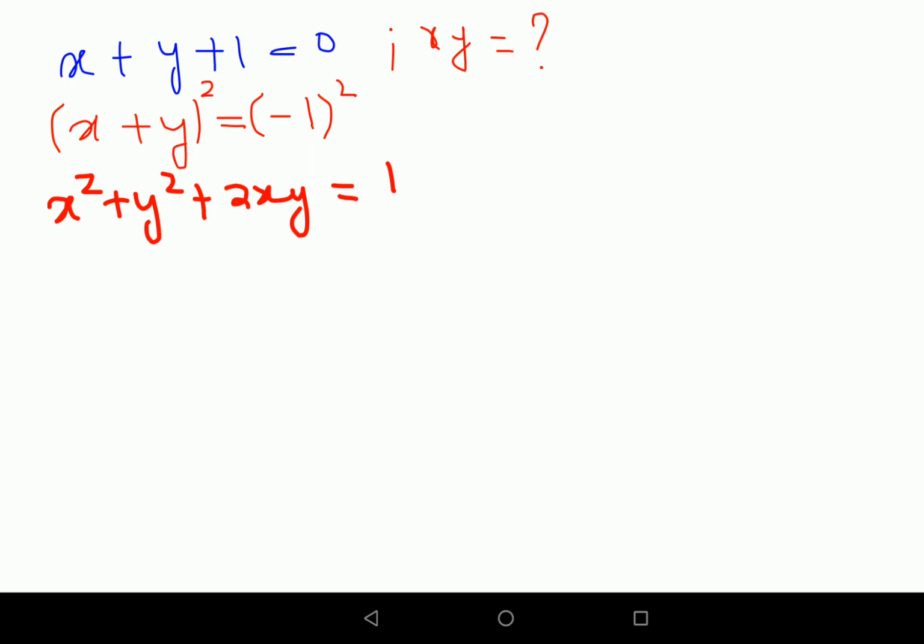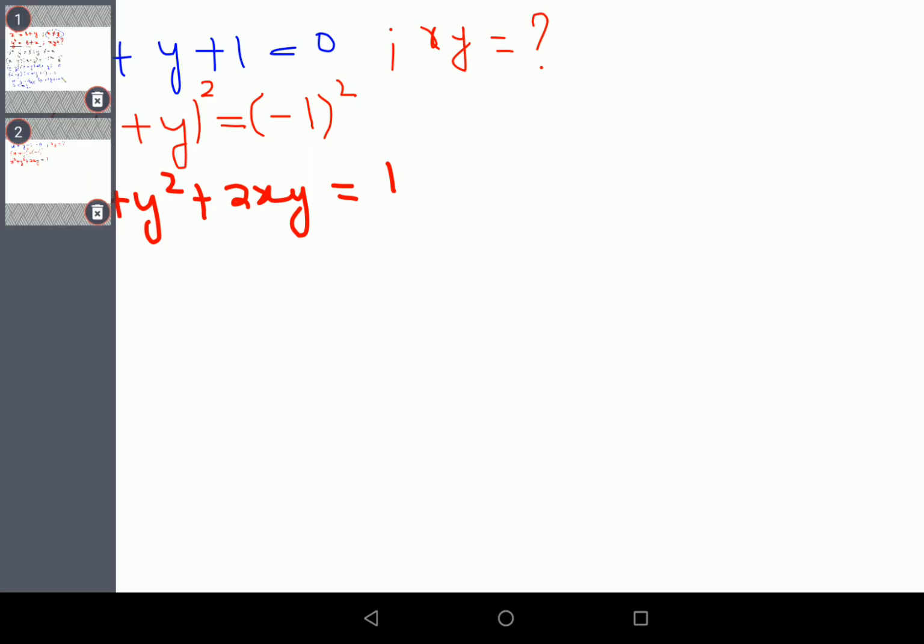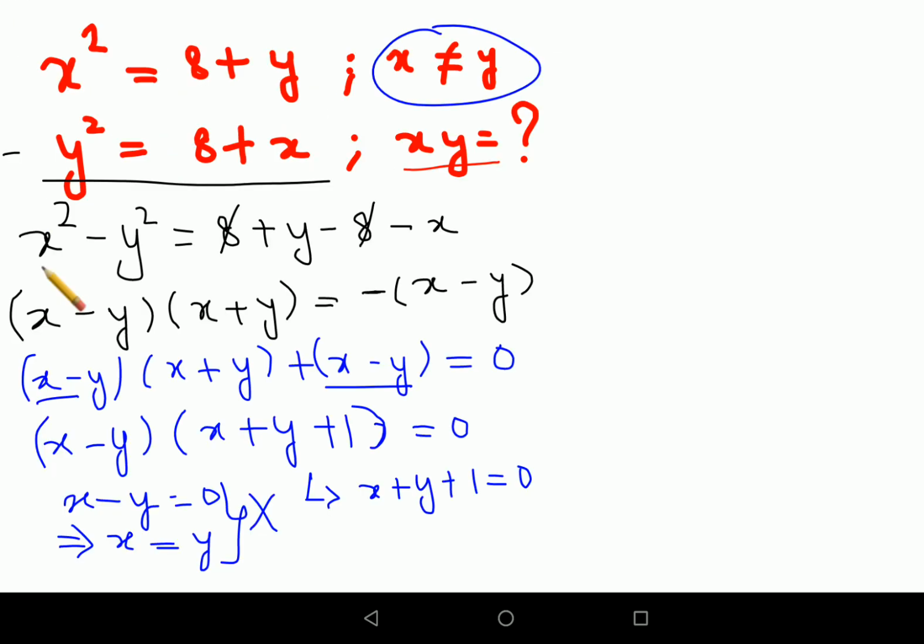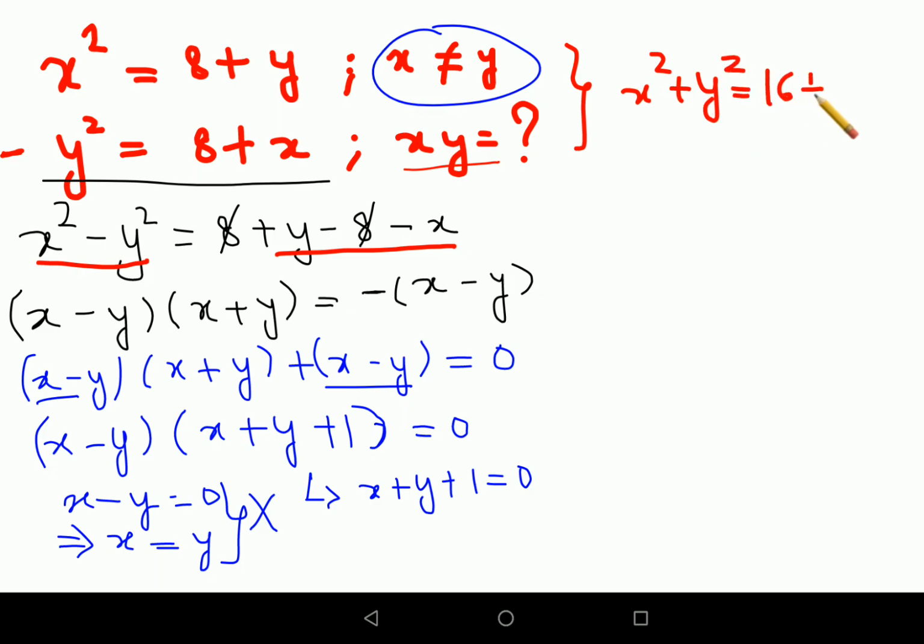Okay, now if you recollect, here I had x square minus y square, that is coming out to be y minus x. 8 and 8 were getting cancelled. So here instead of subtracting, if I add them, I will get x square plus y square equals 8 plus 8 gets you 16 plus y plus x.